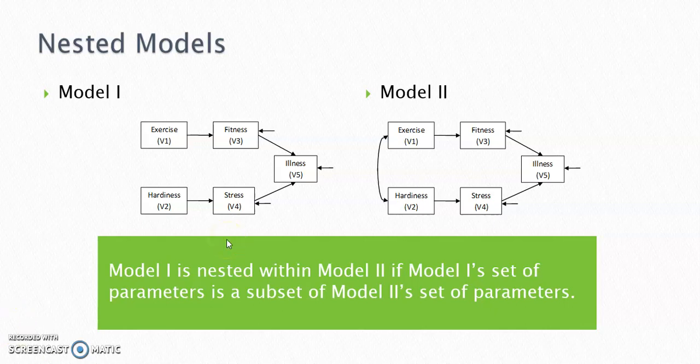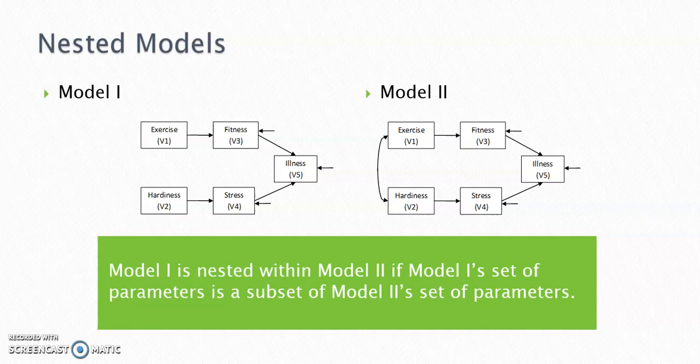In order for you to make appropriate comparisons, you need to know how your model and the alternative model are related. There are three different types of scenarios. First, the models are nested. Second, the models are non-nested. And third, the models are equivalent.